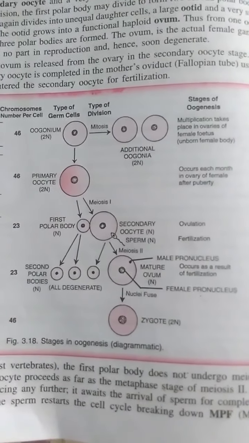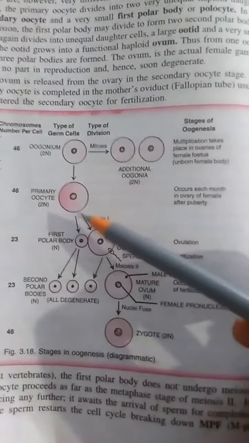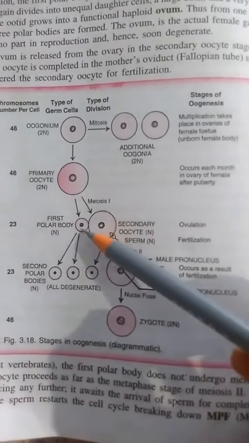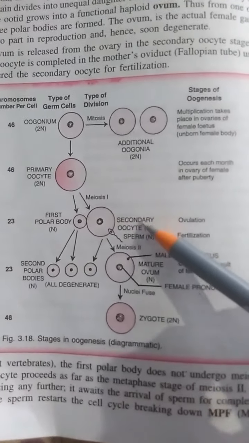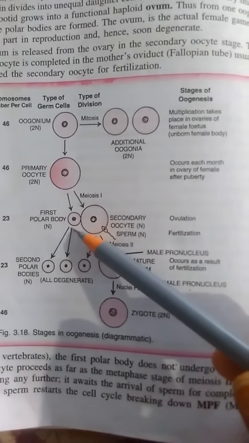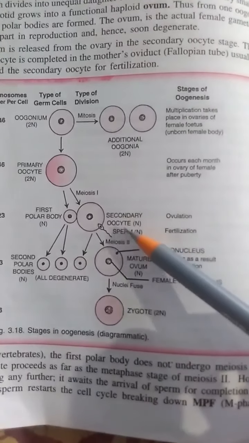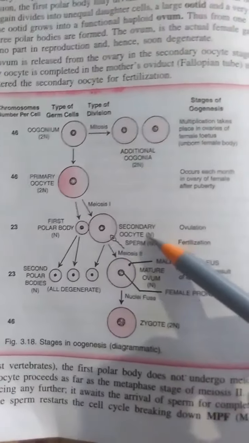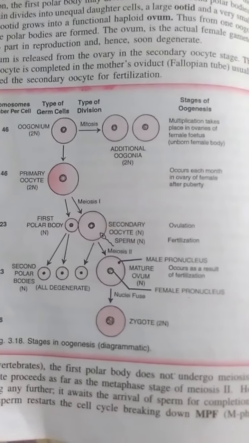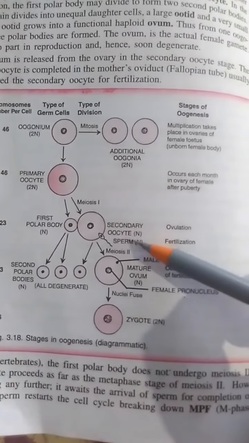With the onset of puberty, the primary oocyte present inside the tertiary follicle completes meiosis 1 and forms two unequal cells, a large secondary oocyte and a very small polar body, right? This secondary oocyte only is the egg released from the ovary, and the process of release of egg from the rupture of the mature follicle is called ovulation, right?